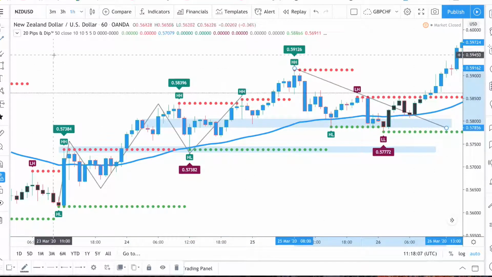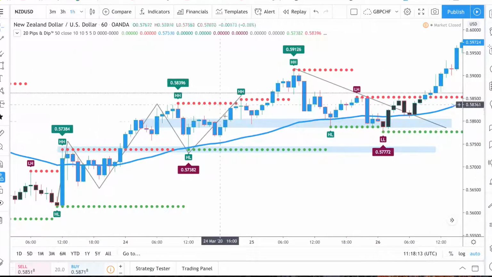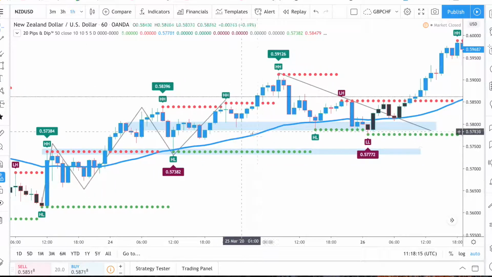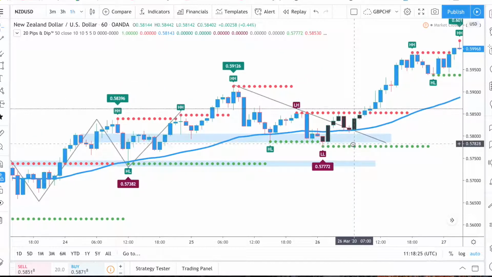So let's look at the pip and dip indicator currently. If you notice, we were able to identify the market to the upside. It pulls back to our zone. It pulls back to retest that 50. So what happens right here? It breaks not only our trend line, pulls back, but boom, takes off to the upside.